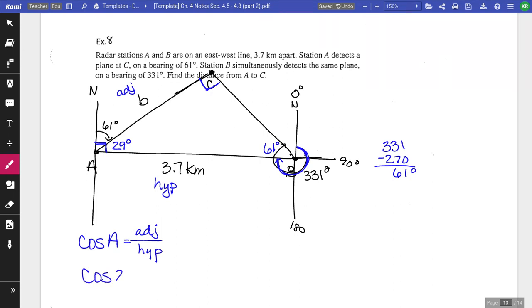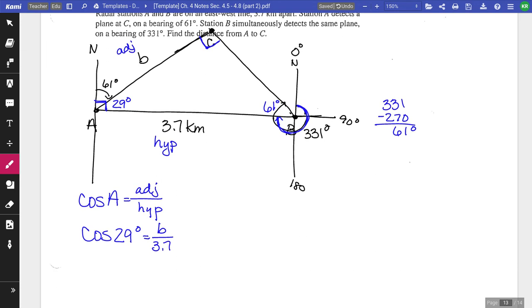So that's going to be cosine of 29 degrees equals B over 3.7. Okay, so multiply: B is going to equal 3.7 times the cosine of 29 degrees. And that gives you 3.24 kilometers for that distance.